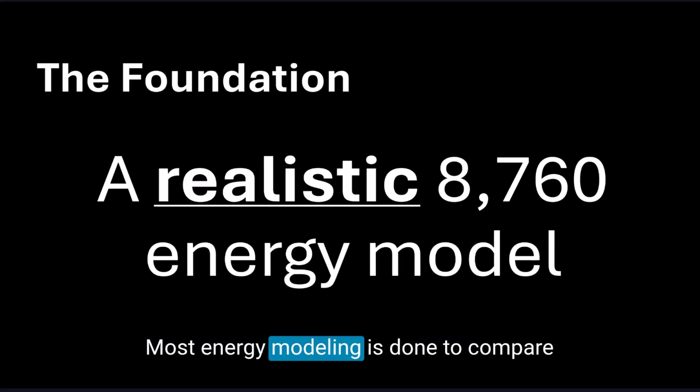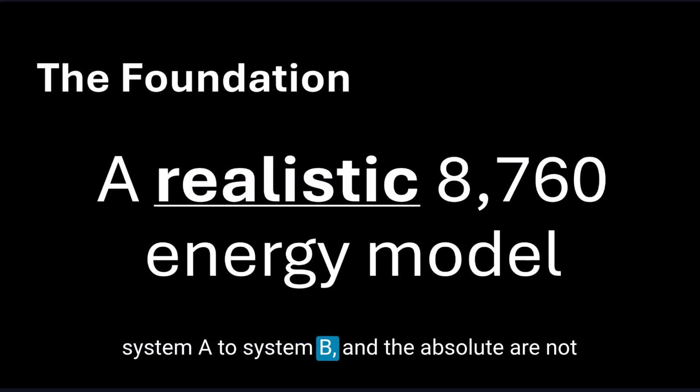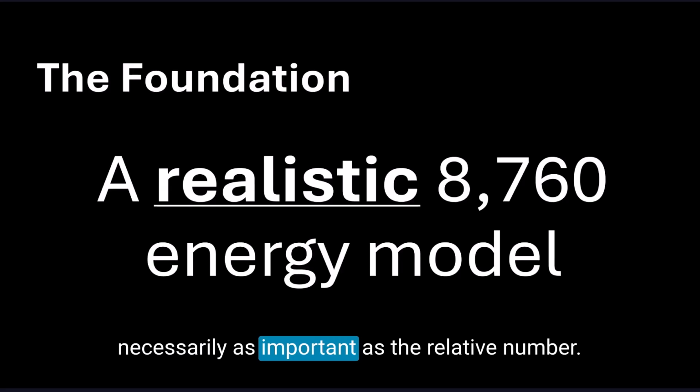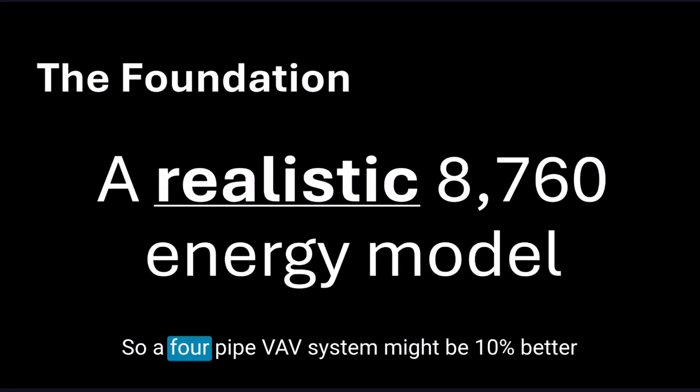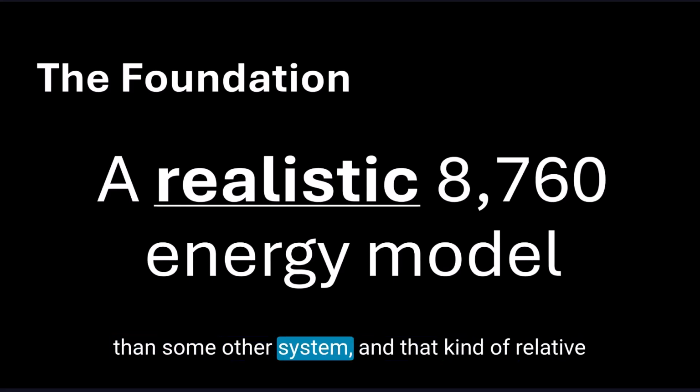Most energy modeling is done to compare system A to system B. And the absolute numbers are not necessarily as important as the relative number. So a 4-pipe VAV system might be 10% better than some other system.